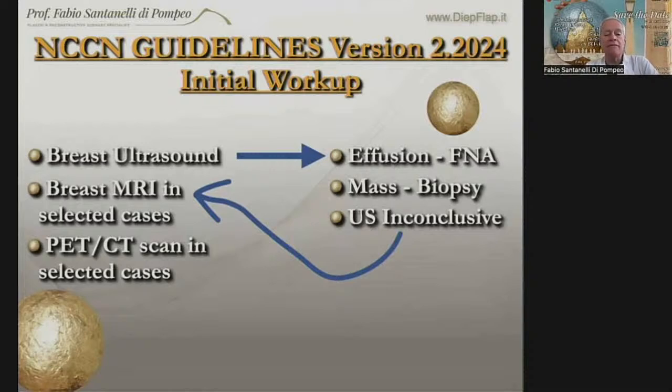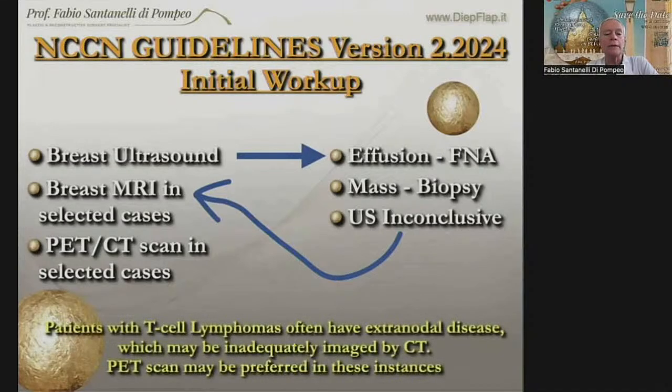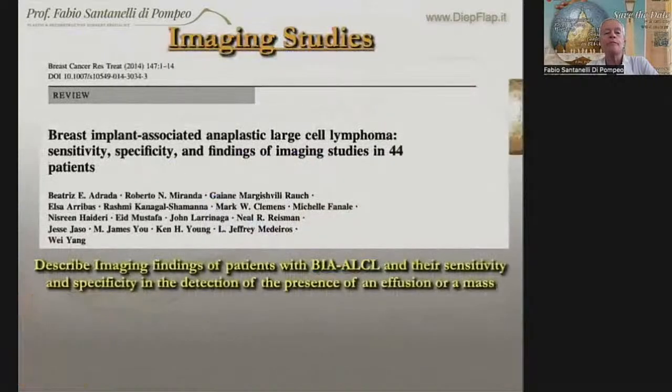Patients with T-cell lymphoma like BIA-ALCL may also have extranodal disease, which may be inadequately studied by CT scan. For those specific patients, you need to undergo a PET scan.